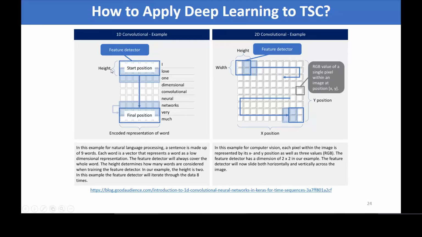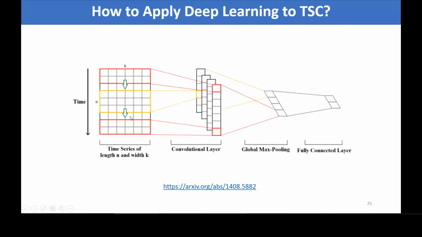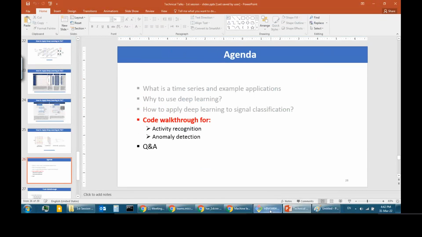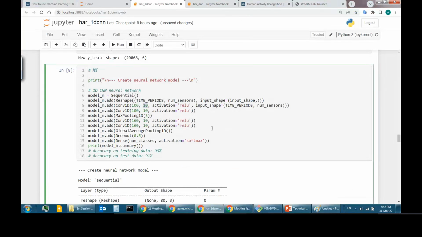The height is 2, but it could be 10, for example. And you can use many filters, so you produce 1, 2, 3, 4 feature maps. So this is the number of filters. In this case, we are using 100 filters. You usually use big numbers because you want your performance to be high. Each filter is 10 in width, and this is the activation function.